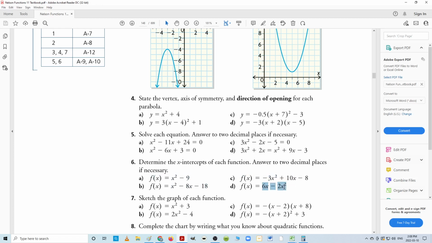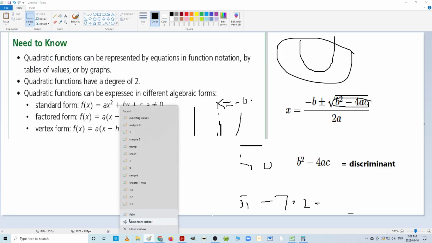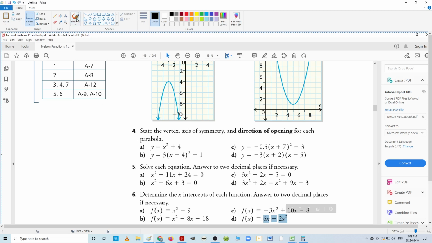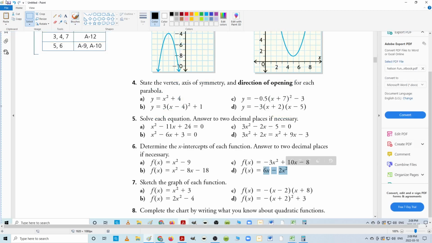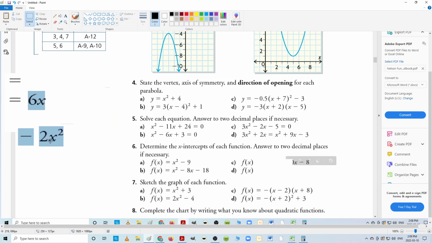But this is in the wrong order. I can factor a minus 2x out of both of them. So this one here. So if I rearrange it properly, it's this plus this.